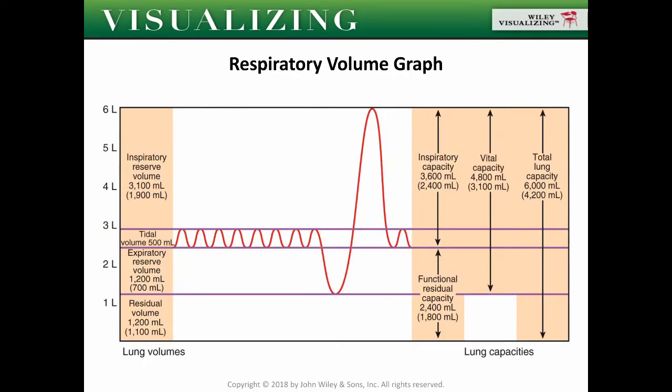So this is the graph of your respiratory volume. As you can see, this is your tidal volume, the normal breathing rate. And then you have the expiratory reserve volume and the inspiratory reserve volume. The inspiratory reserve volume is higher than the expiratory one. This is your functional residual capacity, and this is the inspiratory capacity. This is your vital capacity, the sum of the expiratory reserve, the tidal, and the inspiratory volumes.